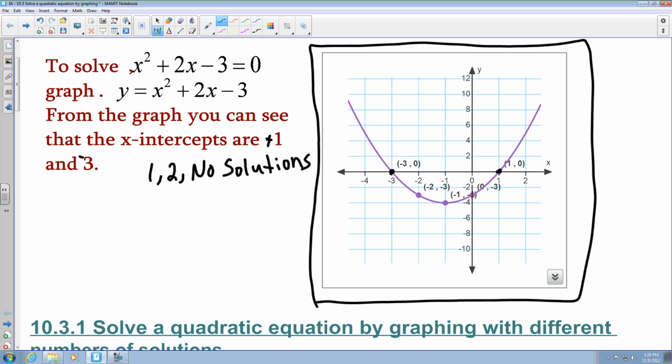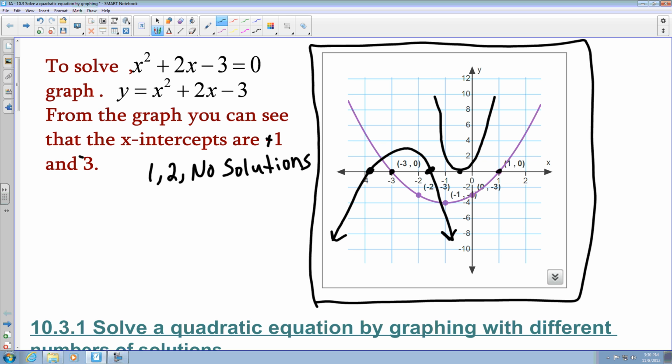We could also have a graph that looks something sort of like this, and it has an x-intercept here and here. We can also have an x-intercept that only has one solution, and it looks something very similar to this.